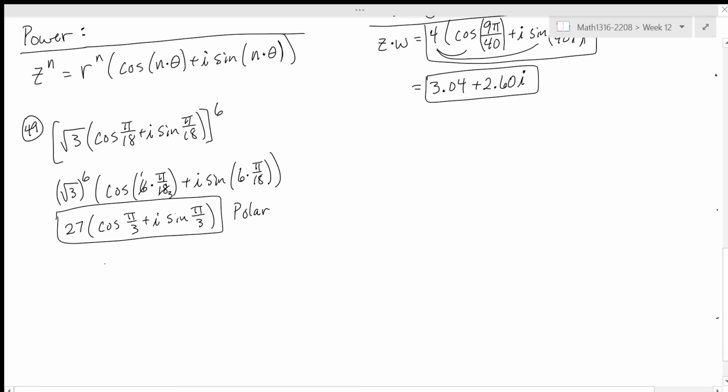So what is 27 cosine pi over 3? I got 27 over 2, plus 27 square root of 3 over 2 i.